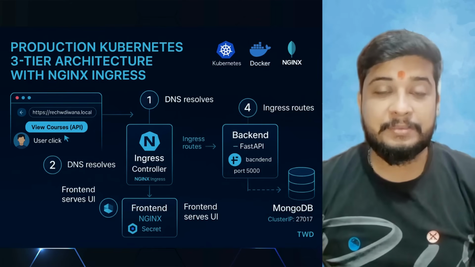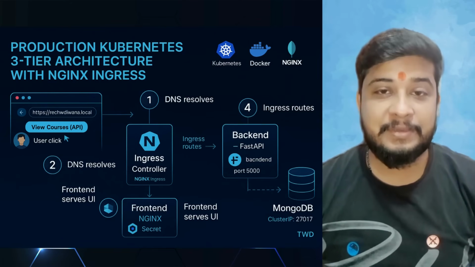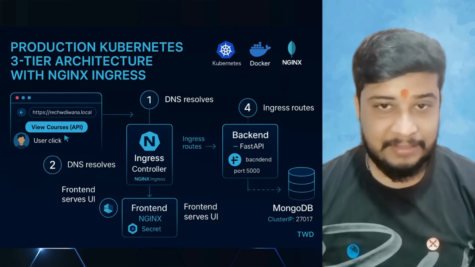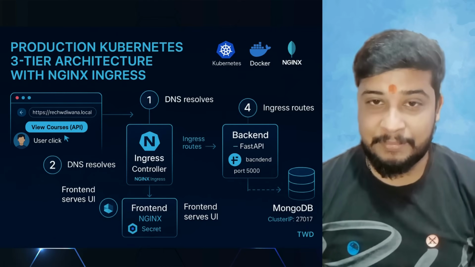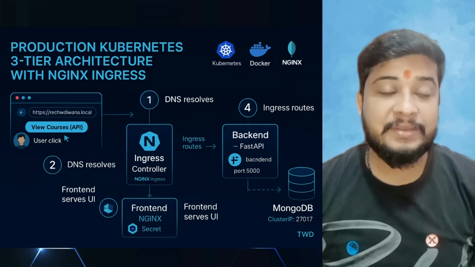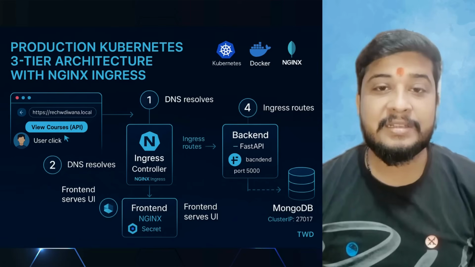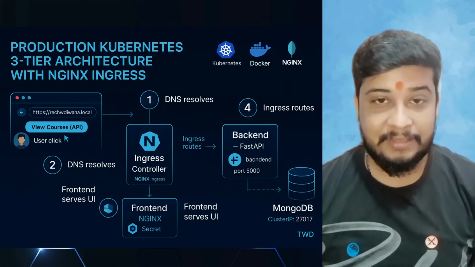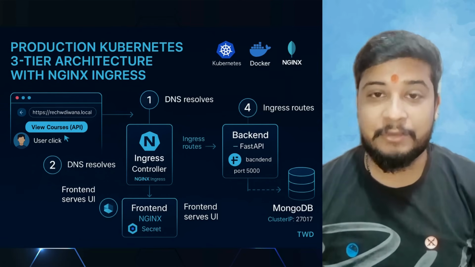Here is a quick explanation of the architecture in a simple way. The user opens diwana.local in the web browser. Next, DNS resolves to the Minikube IP. Once the request enters the NGINX Ingress controller, Ingress checks which path the user requested: slash for the front-end service and /api for the backend service.